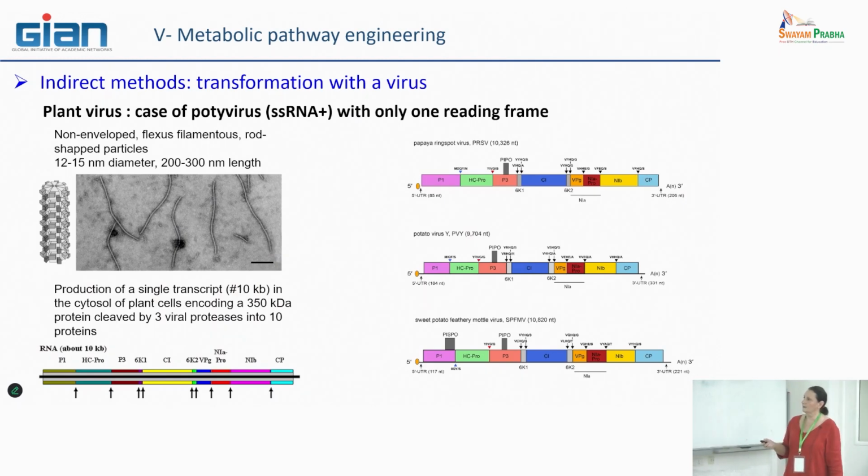This is a second class of virus that are also very interesting, that can be found in several types of plants, and viruses are quite specific to specific plants. So you can find them, for example, in papaya, in potatoes, and also here in sweet potato.